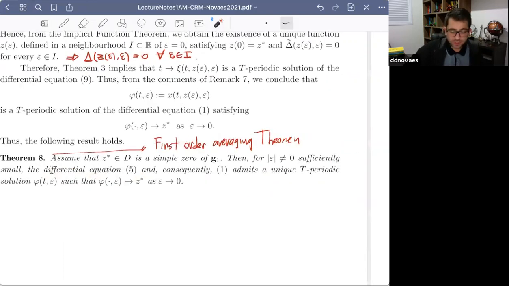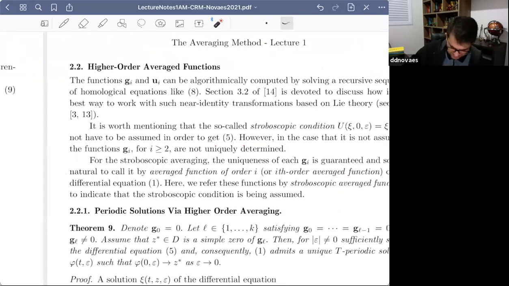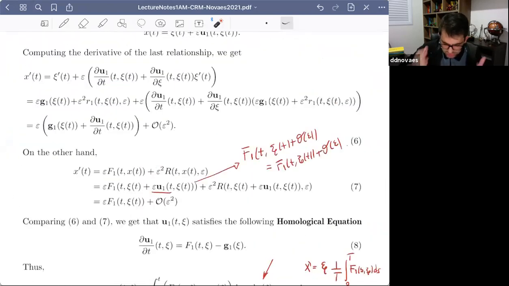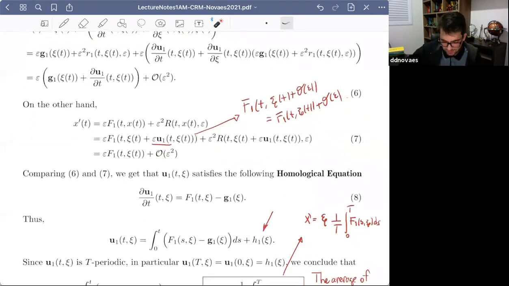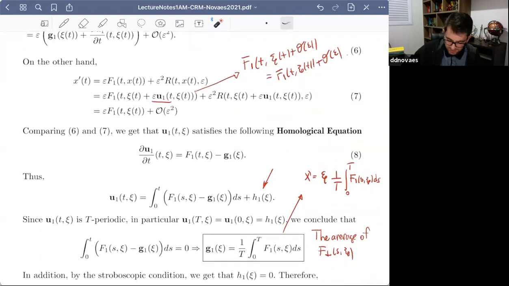Okay, so how about higher order averaged functions? I'm using the averaging method. I'm computing g1, and the expression of g1 is exactly the average of f1. Since the gi's are uniquely defined by the stroboscopic condition, it seems natural to call these functions higher order averaged functions.